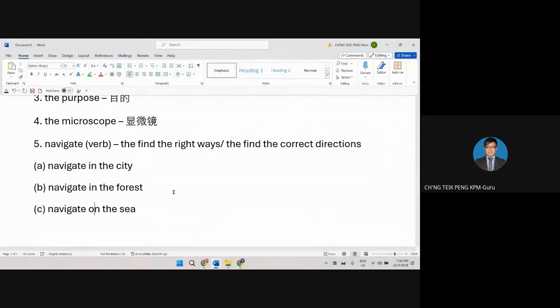You see nothing on the sea. OK， 你出海了啊，你就看不到什么东西了，都是水。So if you don't have a compass, then you cannot navigate on the sea. Understand? If you navigate on the sea, it means you know the correct directions on the sea.